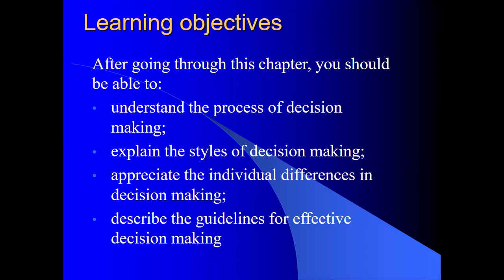After going through this chapter on decision making in Principles of Management, every individual will come to know how to process various activities through proper decision making in the workplace, explain the different styles of decision making, and appreciate the individual differences in decision making skills.